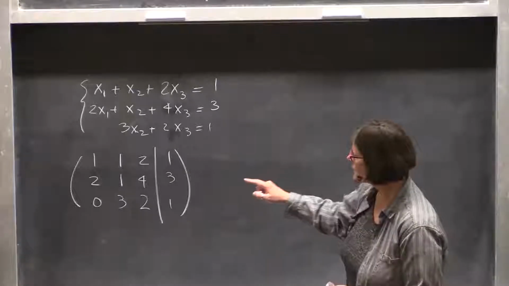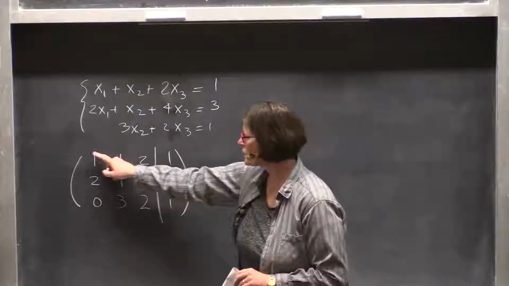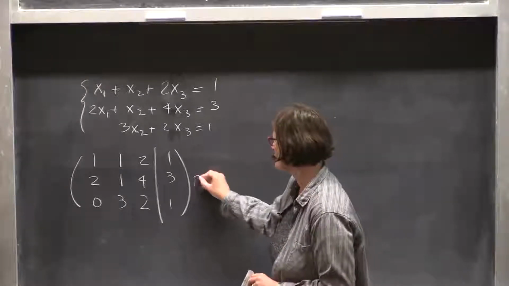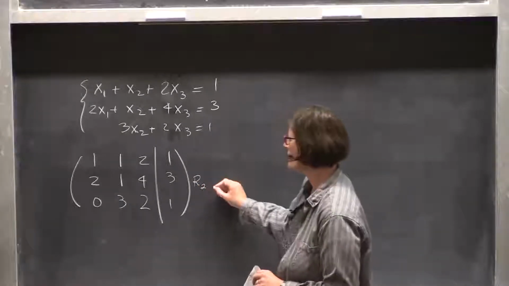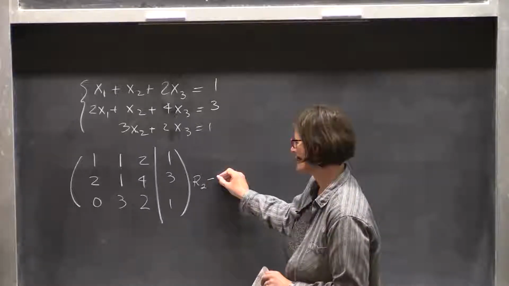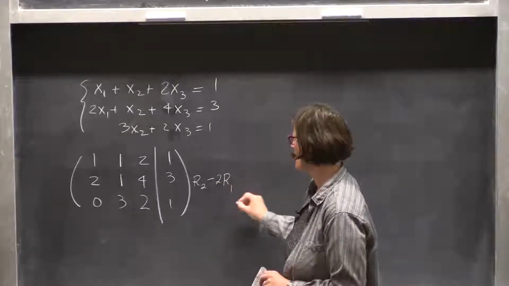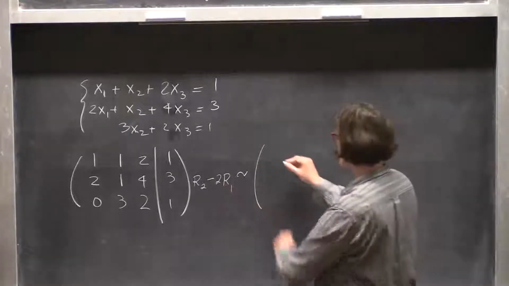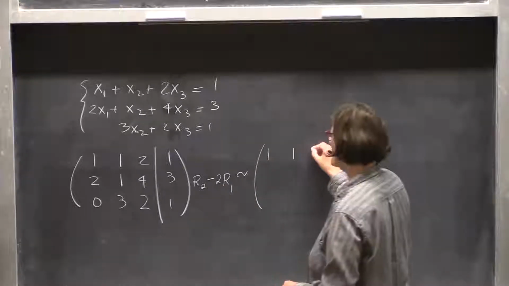So I'm going to take this 1 and knock out that 2. So I'm going to replace row 2 with what? Row 2 minus 2 row 1. And then I put my tilde. Okay, so first I copy over the rows I'm not doing anything with.